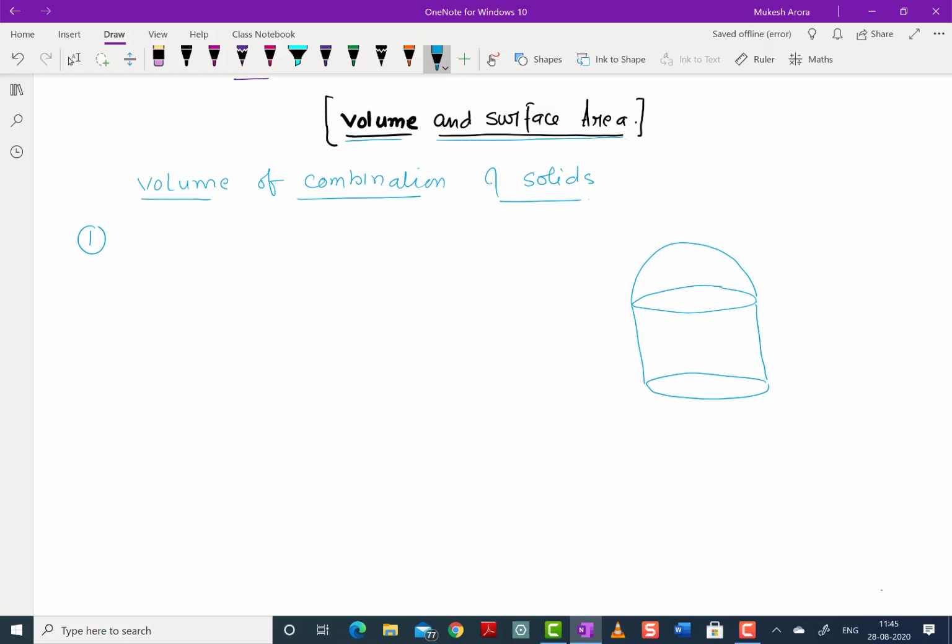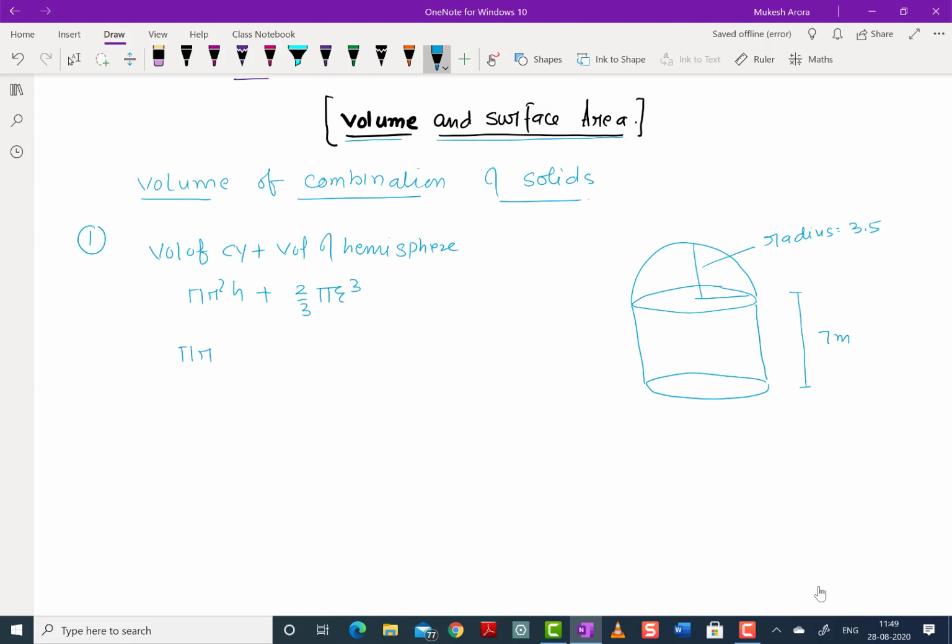Find the volume of the figure. The volume is volume of cylinder plus volume of hemisphere. Volume of cylinder is pi r square h plus 2 by 3 pi r cube.